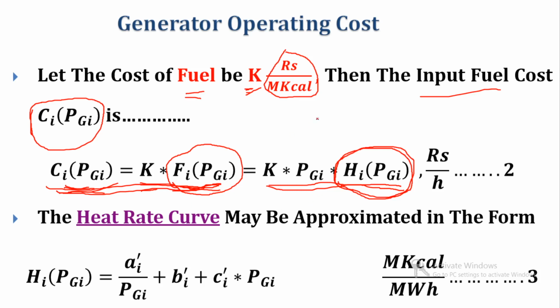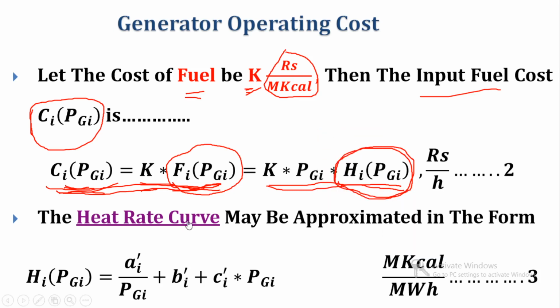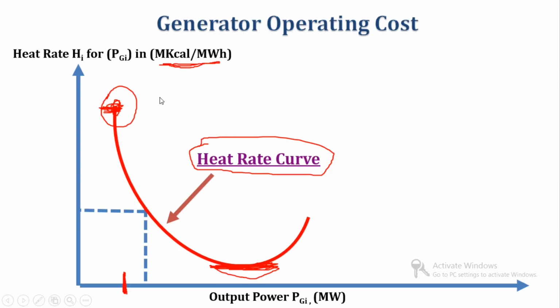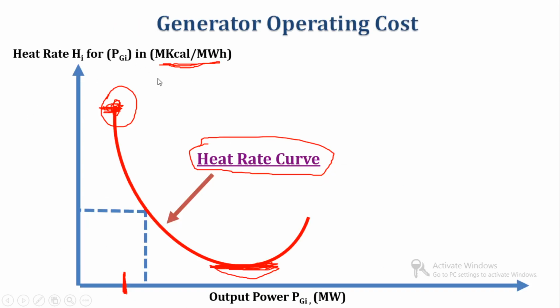So from the heat rate curve, we can find the value of Hi of Pgi. So this is the heat rate curve that we have already learned. Now based on that graph, we can write Hi of Pgi is equal to Ai dash upon Pgi plus Bi dash plus Ci dash into Pgi. Now you have a question: from where does this equation come? So based on the practical data, this is the graph we have drawn.